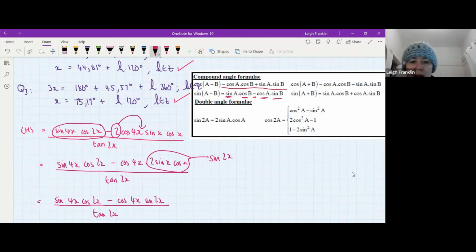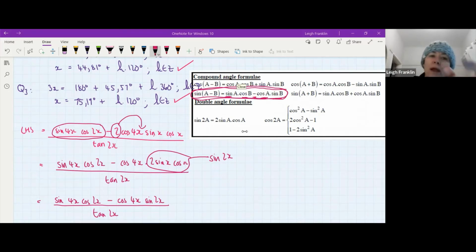So it's this, guys. Does that make sense to everybody? Yes, exactly. 100%. Sine A minus B.